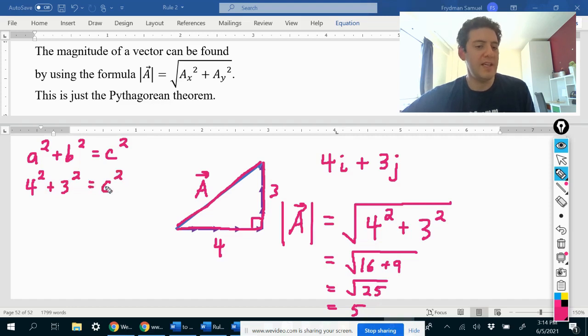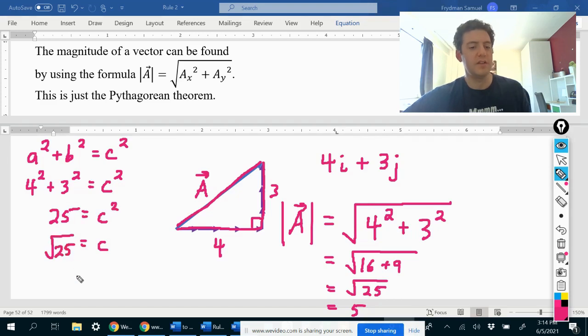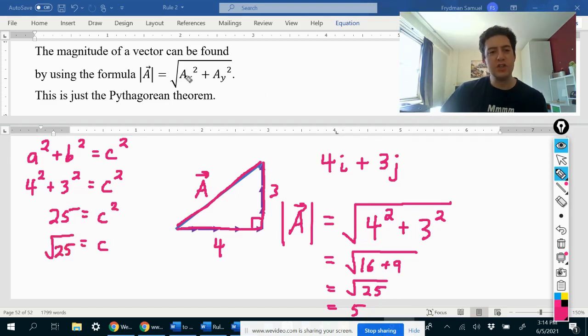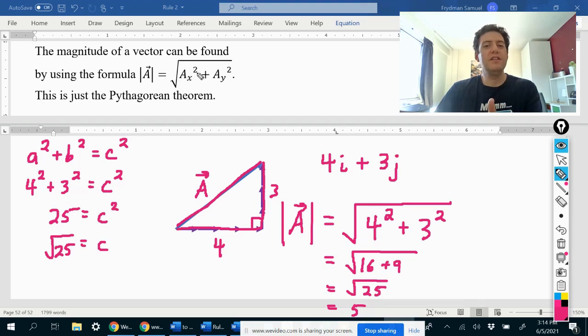Okay, and by c here, we're really just talking about the magnitude of vector A. Okay, and then this would give me 16 plus 9, which is 25. And then c would be the square root of 25.